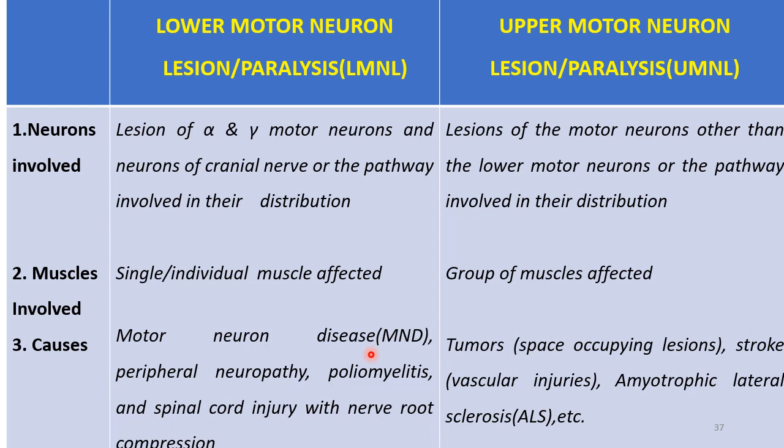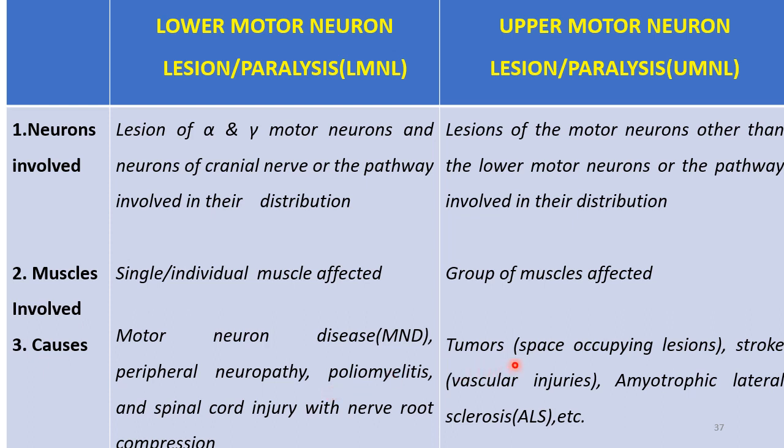Here the motor neuron disease can also affect the upper motor neuron. Any peripheral neuropathy or diseases of the nerves, or poliomyelitis and spinal cord injury with nerve root compression. So any injury of the nerves, injury of the nuclei or neurons of the nerves, or injury in the spinal cord, interruption in the root of this will cause a lower motor neuron lesion.